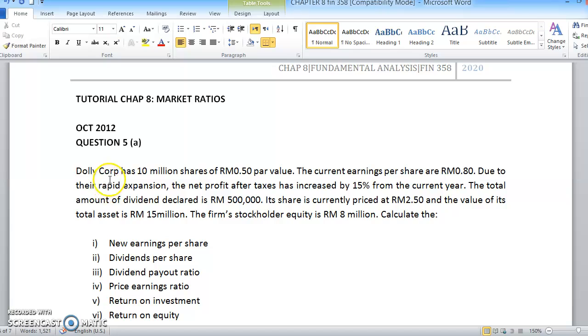So Dolly Corporation has 10 million shares of RM 50 cent par value. The current earnings per share are RM 80 cent. Due to their rapid expansion, the net profit after tax has increased by 15% from the current year. The total amount of dividend declared is RM 500,000.